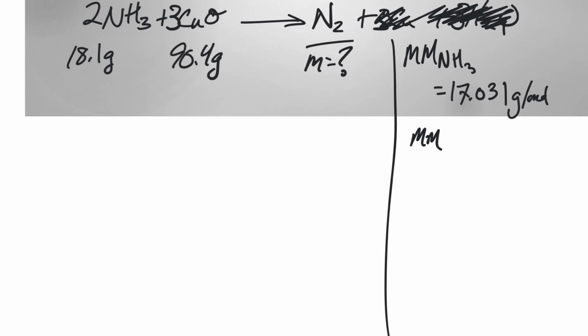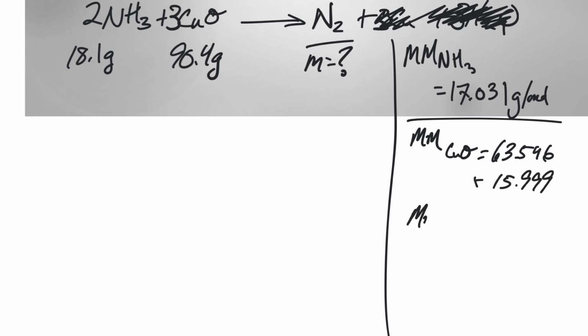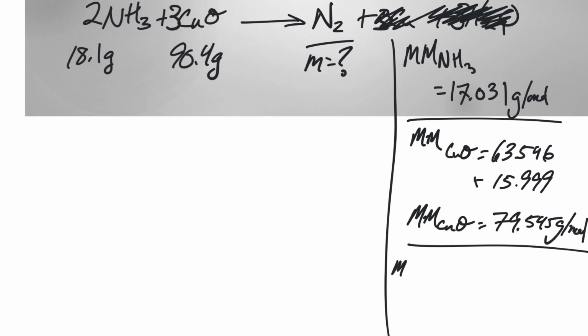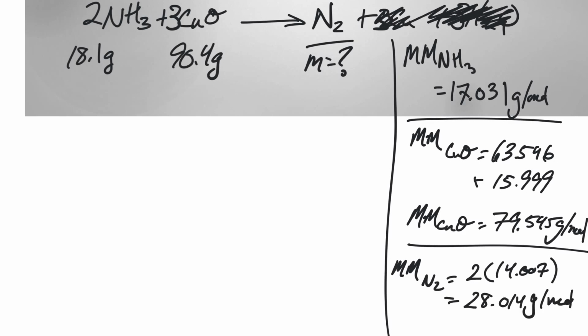The molar mass of copper(II) oxide is going to be 63.546 plus 15.999. Comes out to 79.545 grams per mole. And the molar mass for nitrogen is 14.007 times 2, or 28.014 grams per mole.